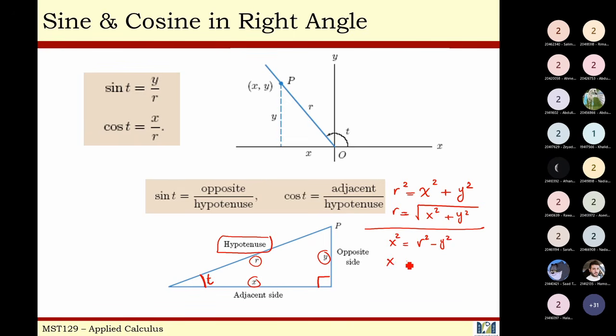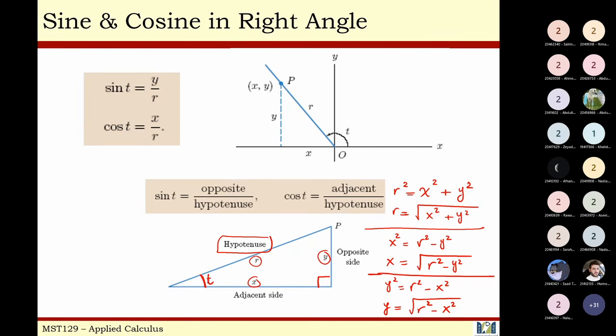So by taking the root, X equals root of R square minus Y square. Also, if we have X and R, we can find the opposite. So Y square equals R square minus X square. Take the radical, Y equals root of R square minus X square. Okay, by Pythagoras law.